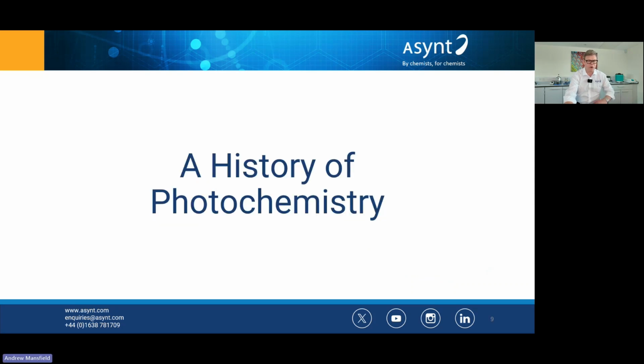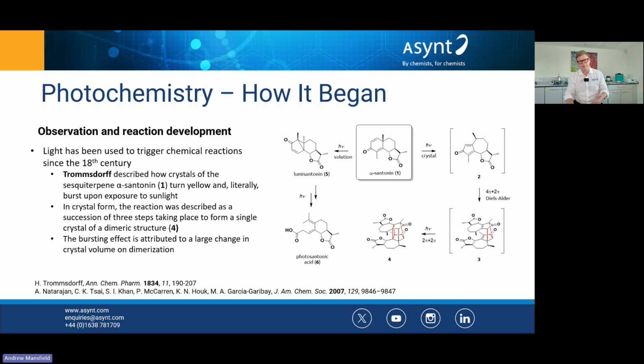So I wanted to just give you a brief history of photochemistry, because this technique's been around for hundreds of years. So where did it really begin? Looking at the literature, I would argue that this example here is probably the first cited example of photochemistry. This was done by Trommsdorff all the way back in the 1800s.